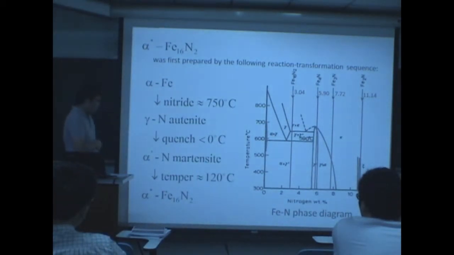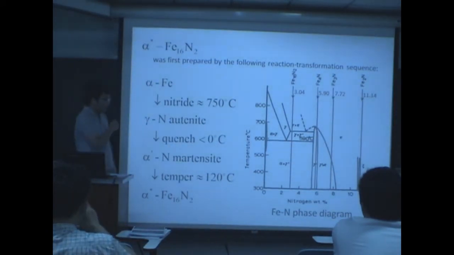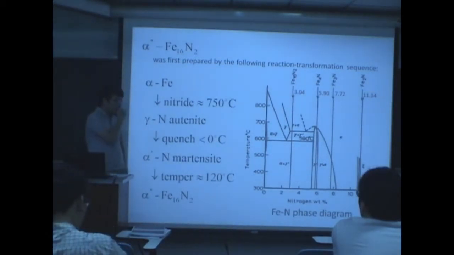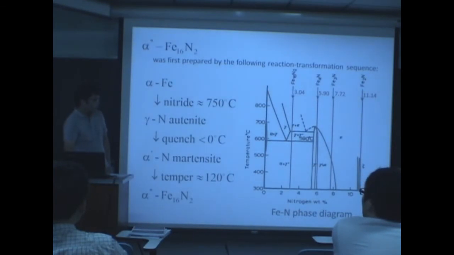It is worth noticing that martensite and alpha-double-prime are semi-stable phases, so they are not shown on the phase diagram representing the thermodynamic equilibrium of the system.